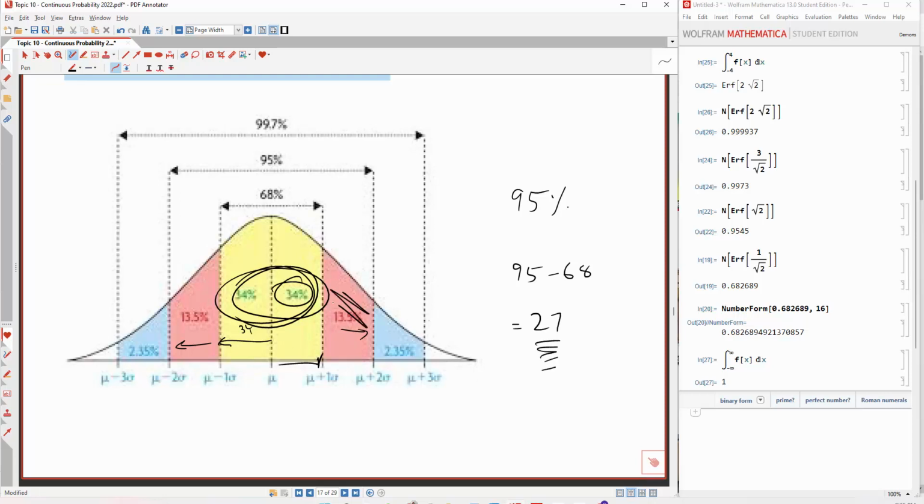So this bit here and this bit here in total must be 27% of the values. And because it's symmetrical, all I can do is do 27 divided by 2, which is 13.5. So that accounts for 13.5 to the right and 13.5 to the left. Similarly, these 2.35s are obtained by removing 95 from 99.7 and then halving the result. So that's how this diagram was generated.